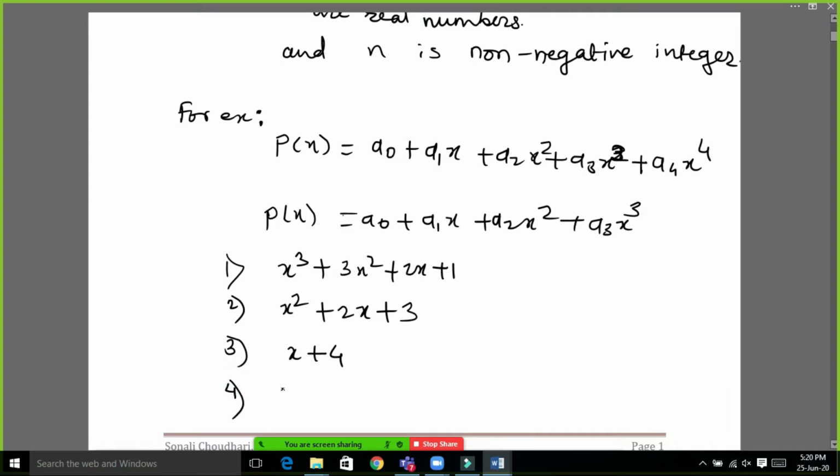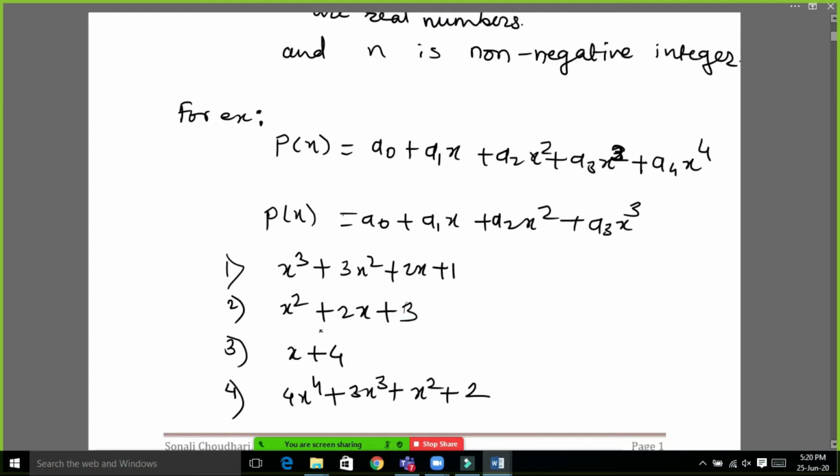Fourth example, 4x to the power 4 plus 3x cube plus x square plus 2. This is again a biquadratic polynomial because the highest power is 4, so the degree is 4. It is not necessary that a polynomial always has the variable x.